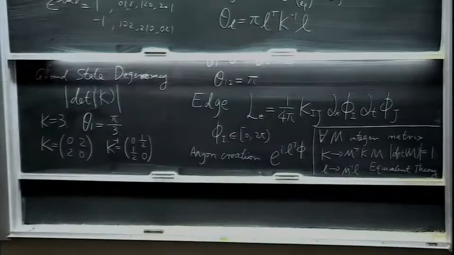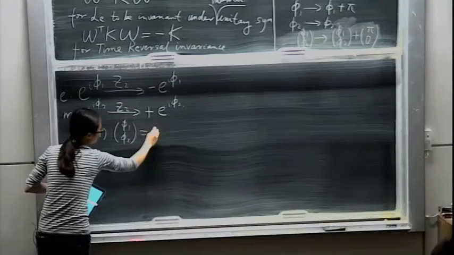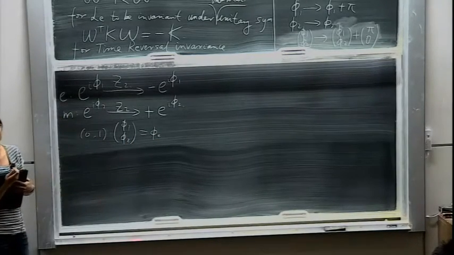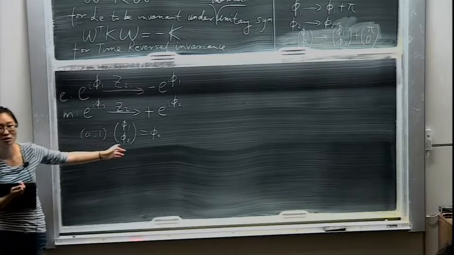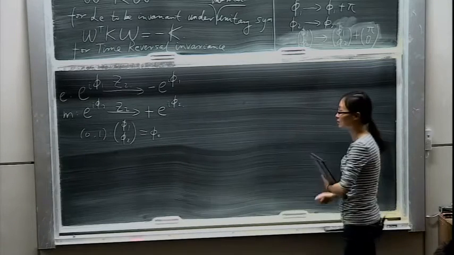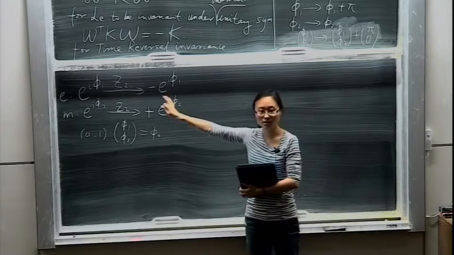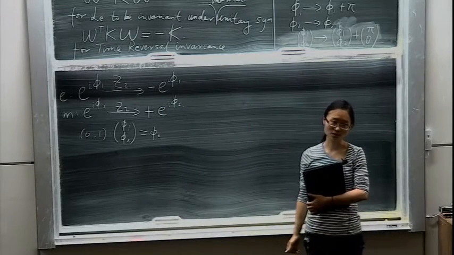So the vector corresponding to M is 0, 1, dot product with phi 1, phi 2. This gives you just phi 2. Yeah, I skipped that step where I take the dot product between the vectors. So this is some Z2 transformation, but it's not a very interesting one because there's no fractionalization going on.